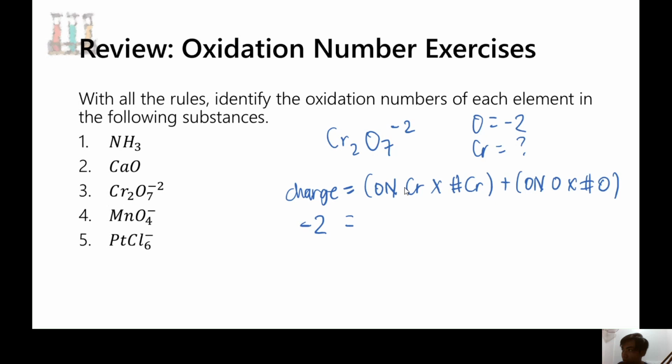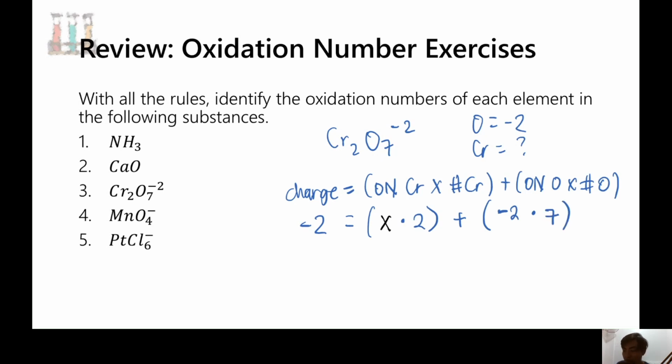The oxidation number of chromium, hindi ko alam, so I will let that as x, times the number of chromium atoms. How many chromium atoms do I have here? 2. Oxidation number of oxygen, so that's fixed, negative 2 yan, times the number of oxygen atoms, 7.